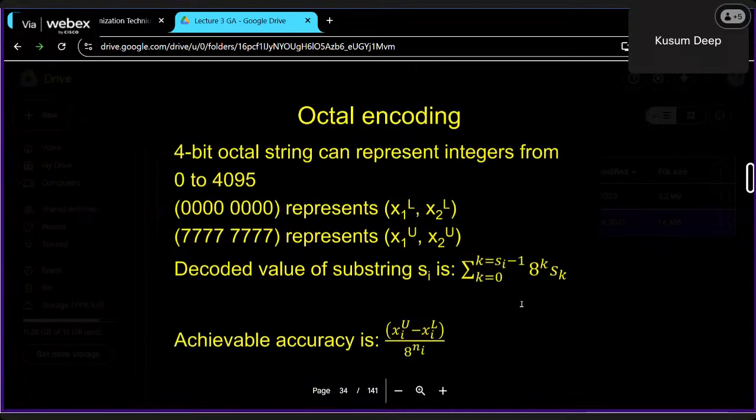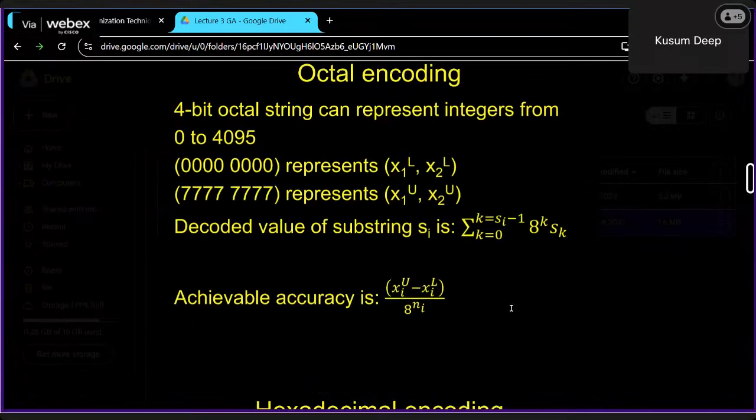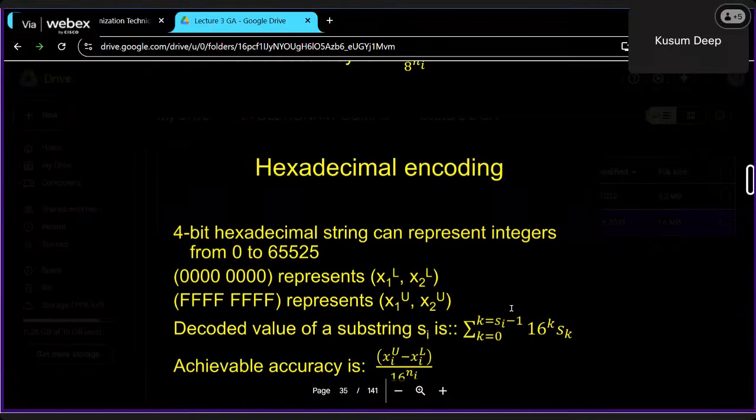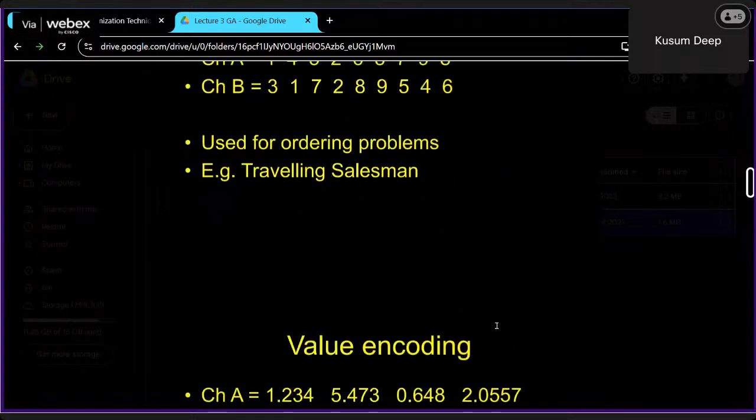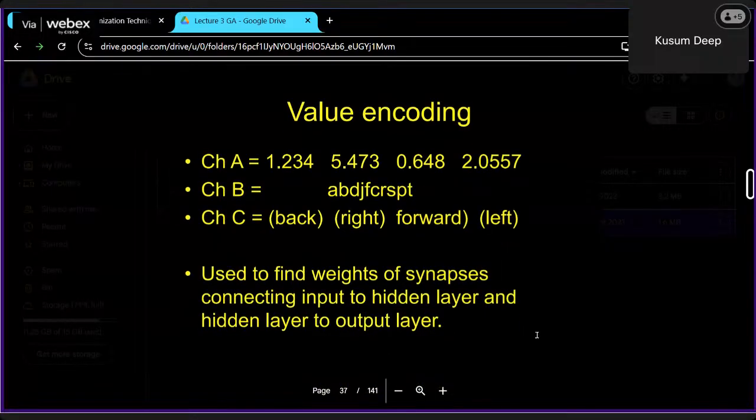And I also showed you similar behavior for the octal encoding and the hexadecimal encoding. And I also told you about a specialized kind of encoding, which is called permutation encoding, which is particularly used in ordering problems, for example, the traveling salesman problem. And we also looked at value encoding, which is useful for determining the weights of a neural network.